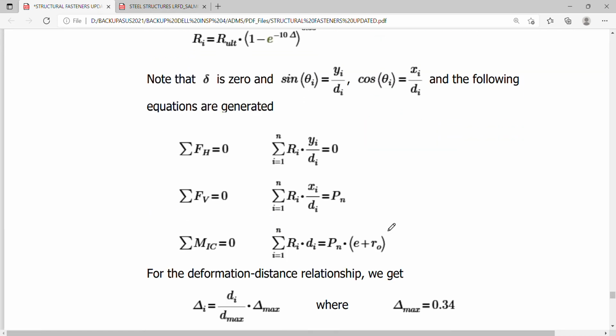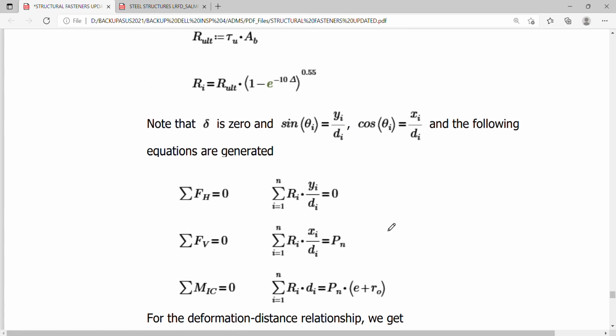And the following equations are now generated. Since the sine of theta in this case is 0, then your summation Ri yi over di will be equal to 0. So the cosine of theta is xi over di, therefore the summation of Ri xi over di is equal to a non-zero value equivalent to Pn.